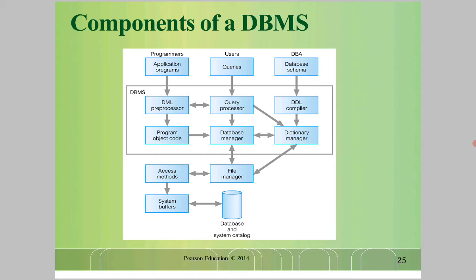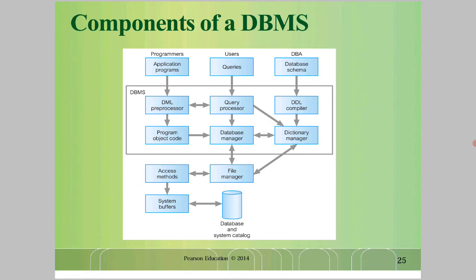In the second level is the DBMS engine, the database management engine. In the DBMS engine, various components are available, like the DML preprocessor, query processor, DDL compiler, dictionary manager, database manager, and program object code. The DML preprocessor handles data manipulation commands.